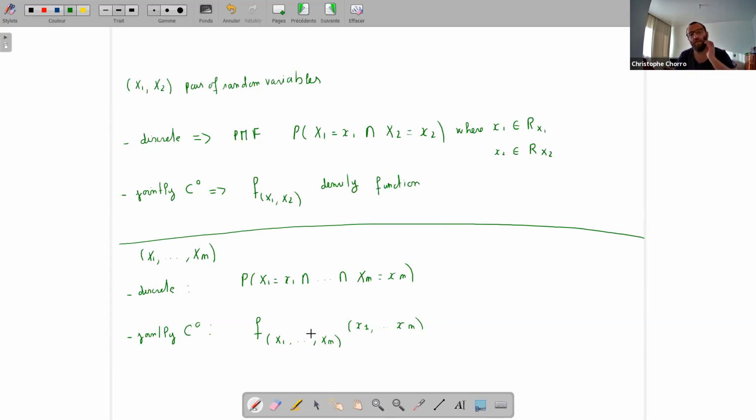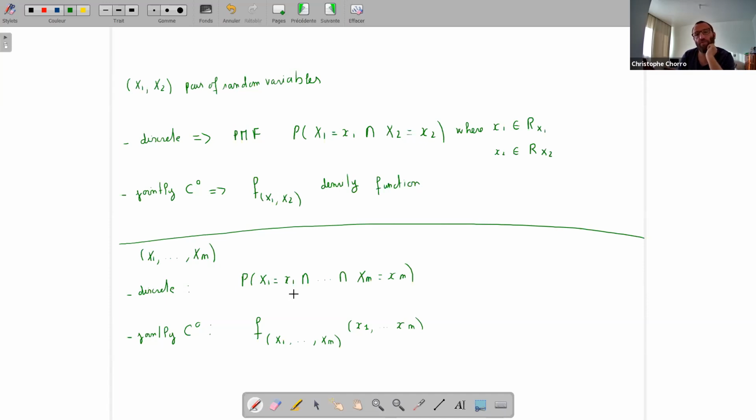But once again, I am able in this situation to see that if I compute partial integrals with respect to a single variable here, I recover each density function for the component, okay? So what I have done for 2 may be done for any finite number, okay? And I can define this way all the things we have defined together.